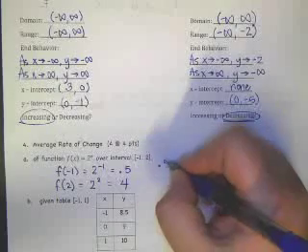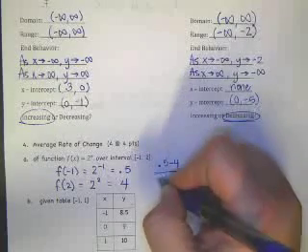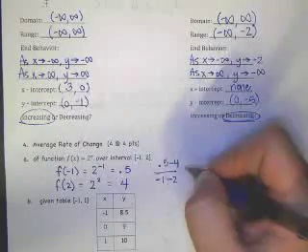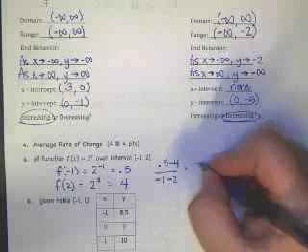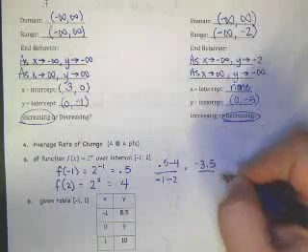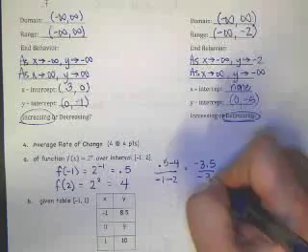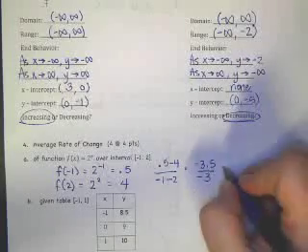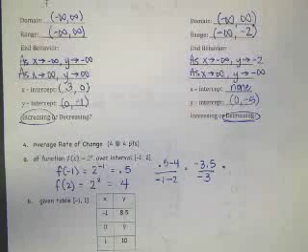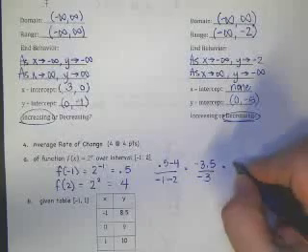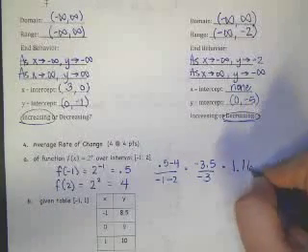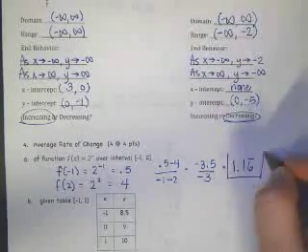And then we're going to subtract that: 0.5 minus 4 over negative 1 minus 2. So that's negative 3.5 over negative 3. Plug that into our calculator, and we get 1.16 repeated.